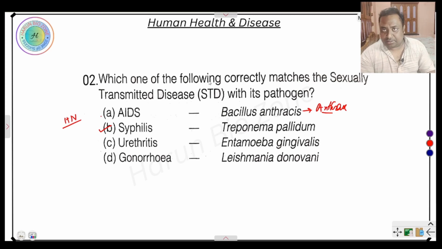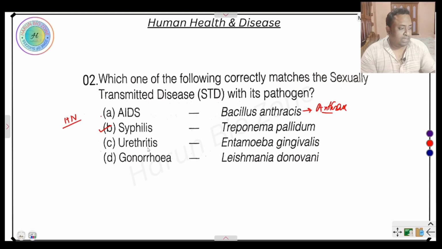Bacillus anthracis mainly infects the throat and esophagus. Symptoms are flu-like, meaning common cold type symptoms, coughing of blood, mild chest discomfort and high fever. These are the symptoms of anthrax.